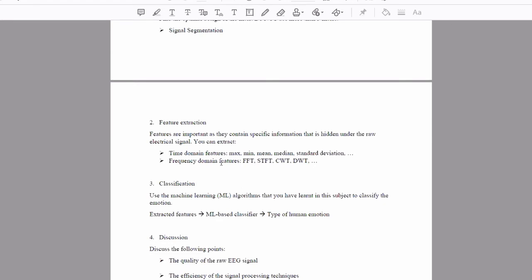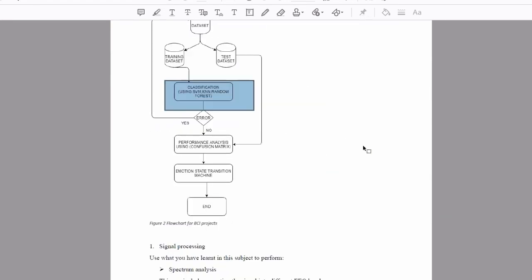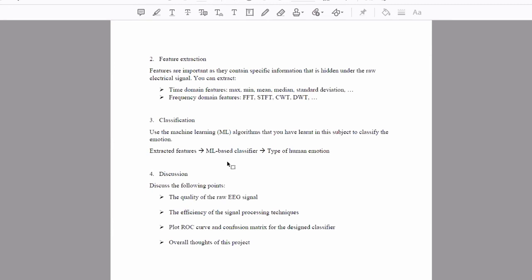After that, we go through the classification part, which is this part. You will learn machine learning classification techniques next week, but it's actually quite simple right now, because in MATLAB, I think from MATLAB 2016, there is an app called Classification Learner, and you don't really need to type your own scripts for your machine learning algorithm.